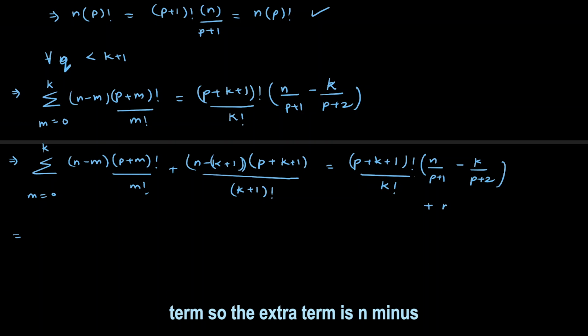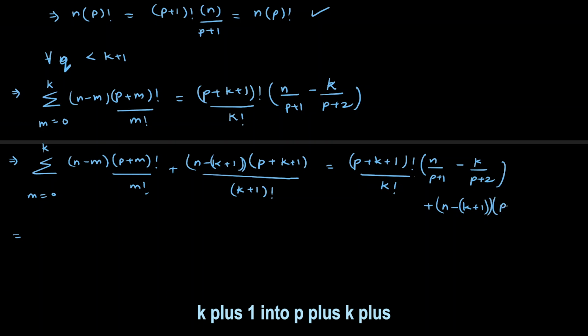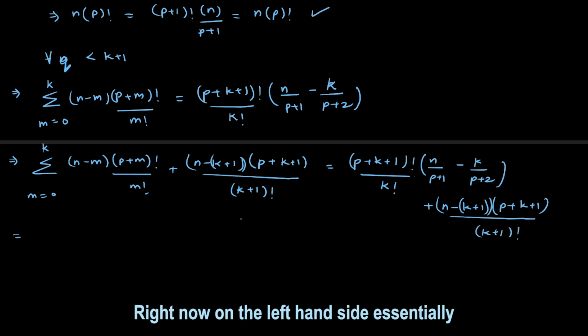So the extra term is (n minus (k plus 1)) into (p plus k plus 1)! by (k plus 1)!, right?